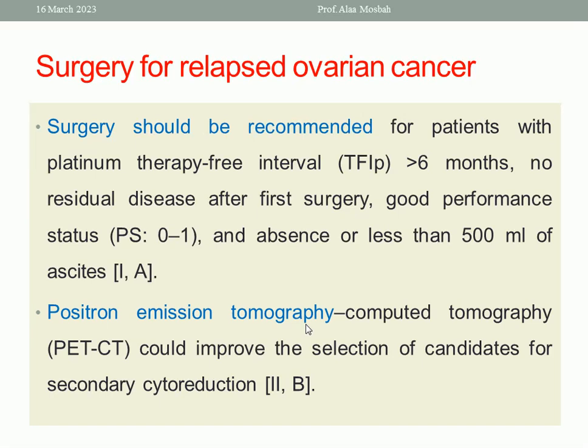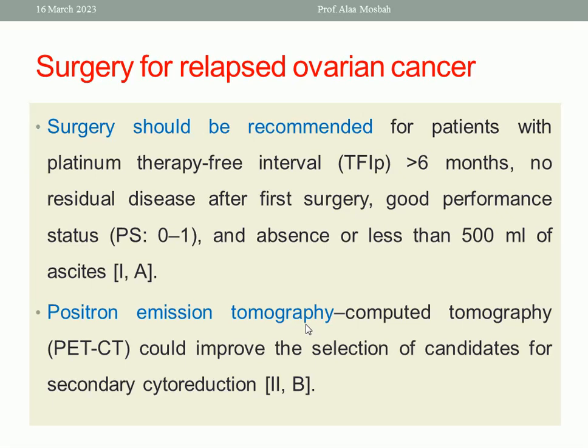A patient came to you with relapse of ovarian cancer. What is the indication to do surgery? The patient should have the following items. Platinum therapy-free interval more than 6 months.